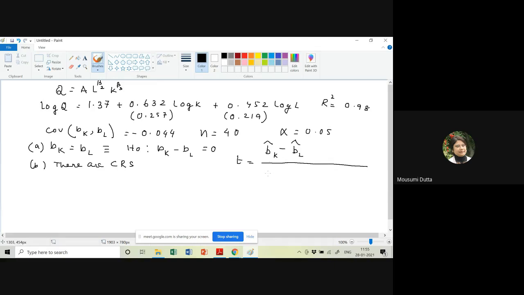And in the denominator, as he mentioned, we have to consider standard error.